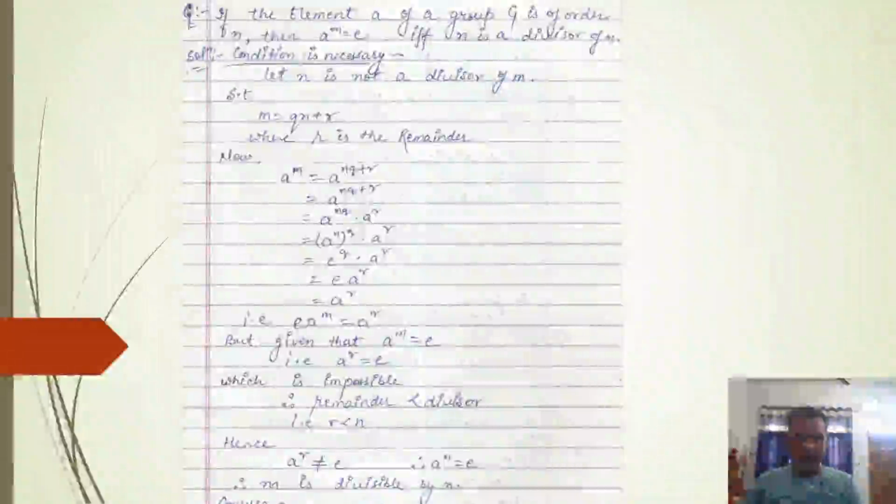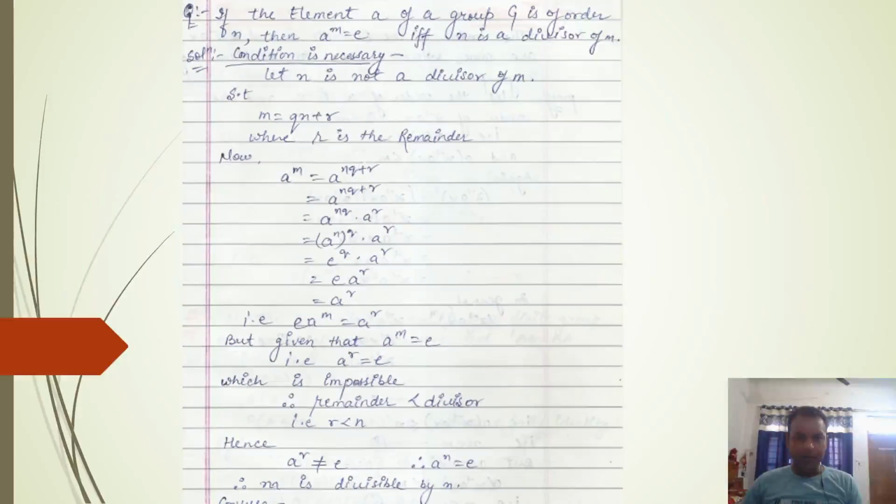Let's continue our discussion on the order of a finite group and its element. In this problem, let a be an element belonging to group G such that the order of this element is n. It means a to the power n will obviously be the identity.